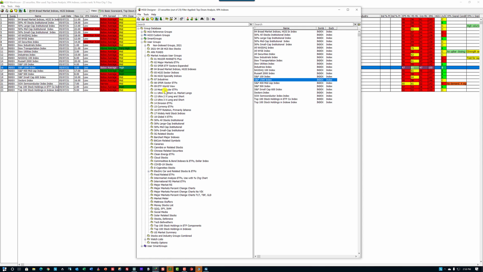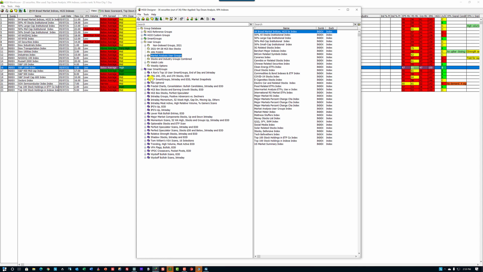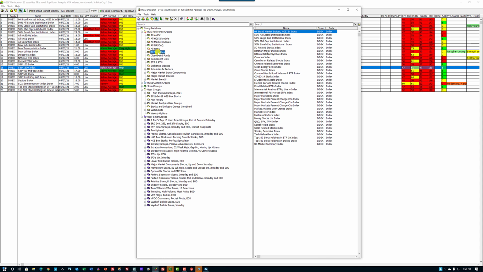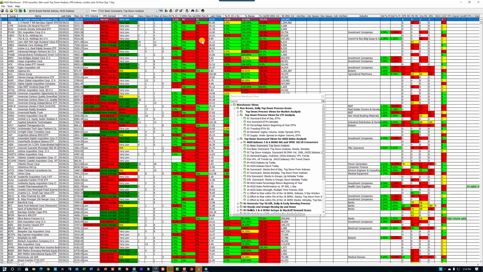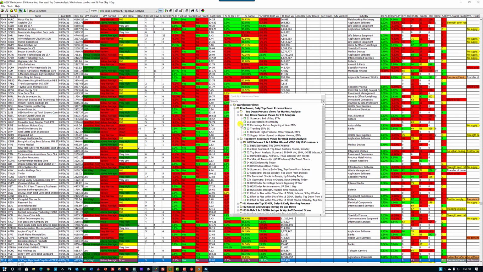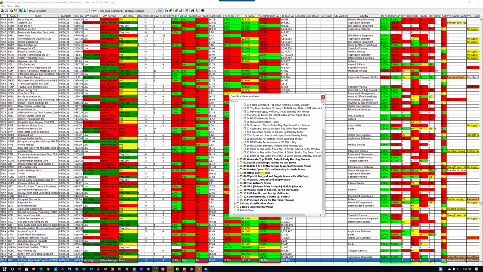Now, what I want to do is, first of all, address these Wyckoff scans, and I'm going to go to all securities and go to a warehouse view, and I can look at these either in user smart groups, or I can come in here and look at these scans.